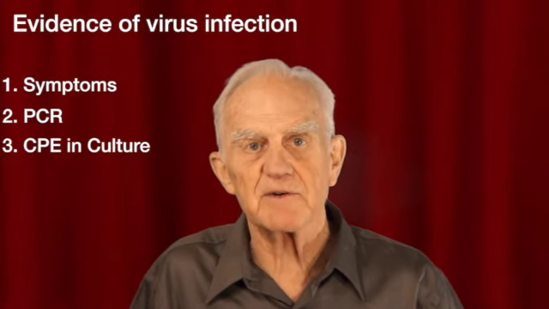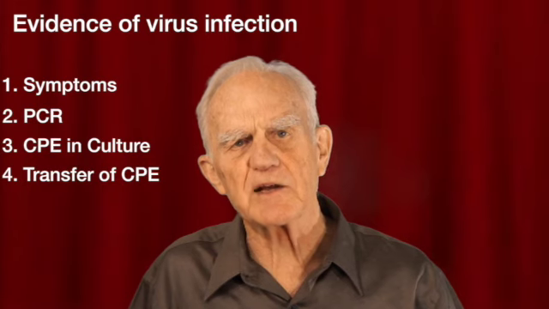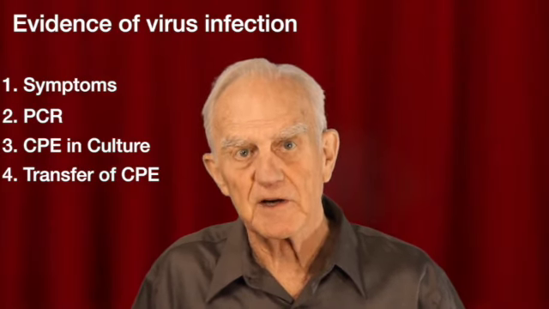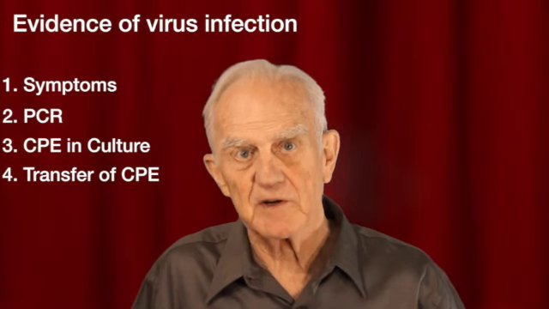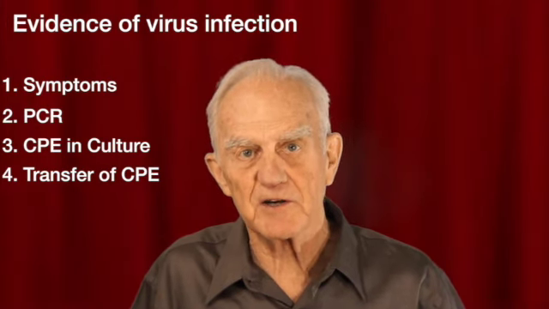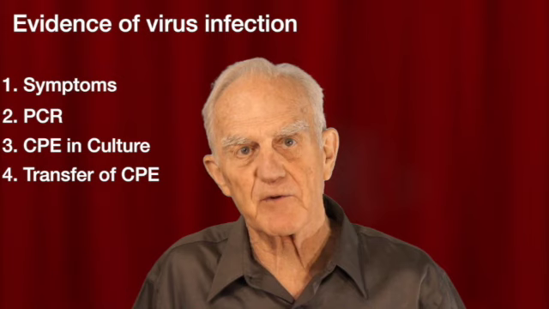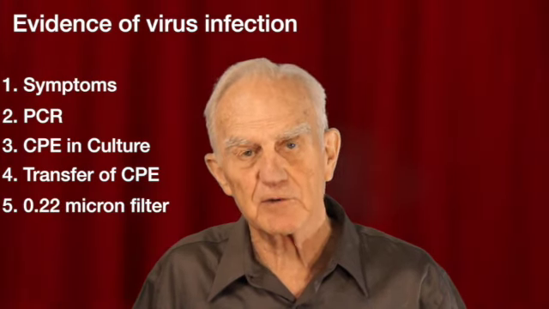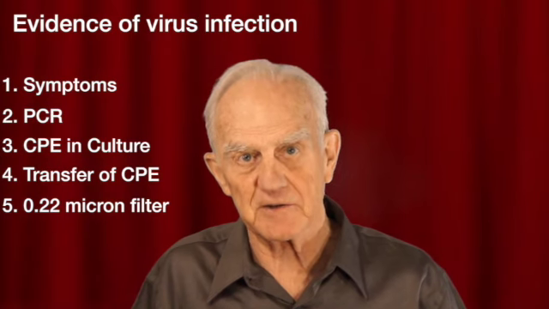The cytopathic effect could be transferred to other cultures using either the cells or the fluid from a positive culture. The fluid was still infectious after being passed through a 0.22 micron filter that would remove any bacteria.